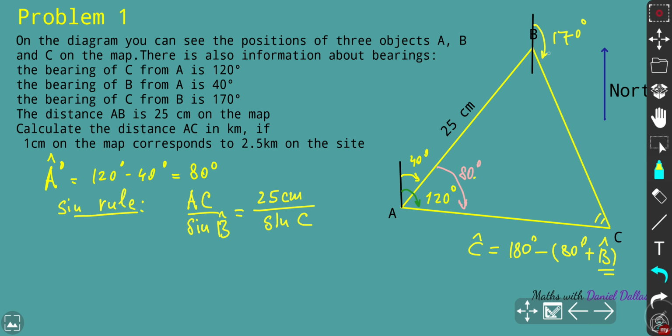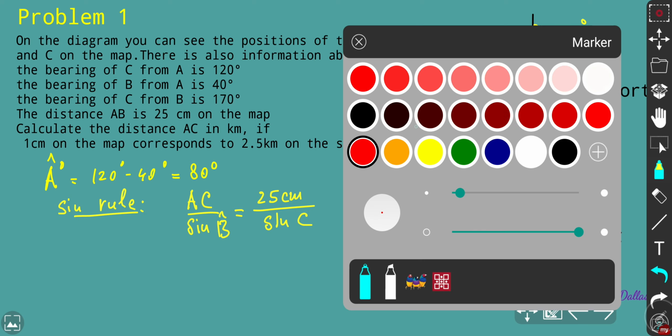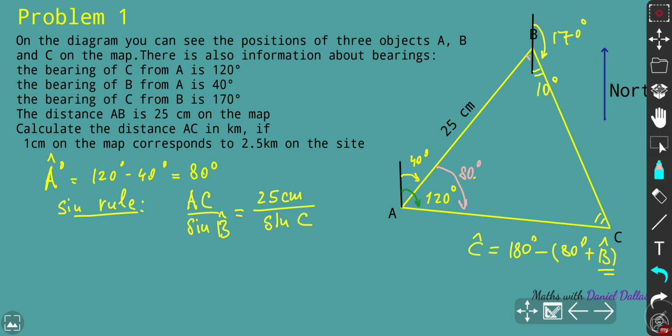We have the bearings 170 degrees, so the rest angle is going to be 180, because this is the open angle, minus 170, so that means this part of the angle B is 10. So right now we are going to establish the second part, which is right there.